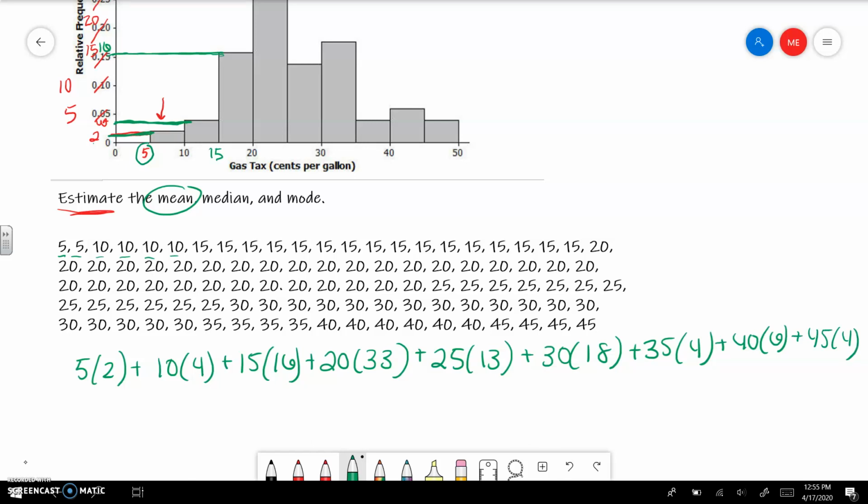And there are 100 data points. So whatever this number is, we're going to divide that by 100 since there are 100 values.